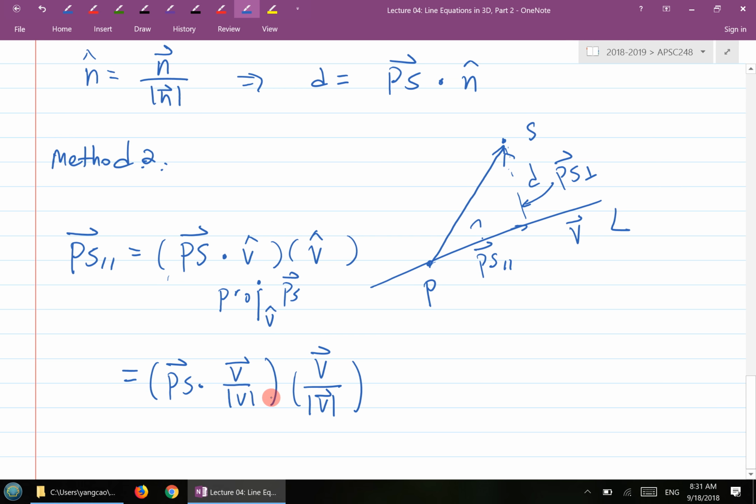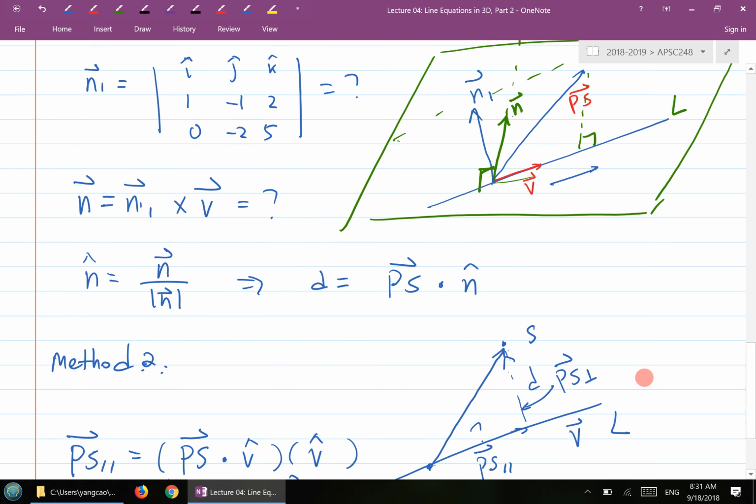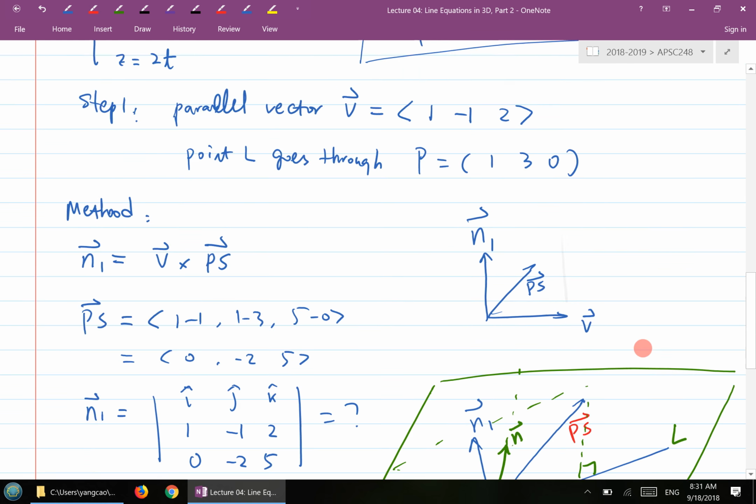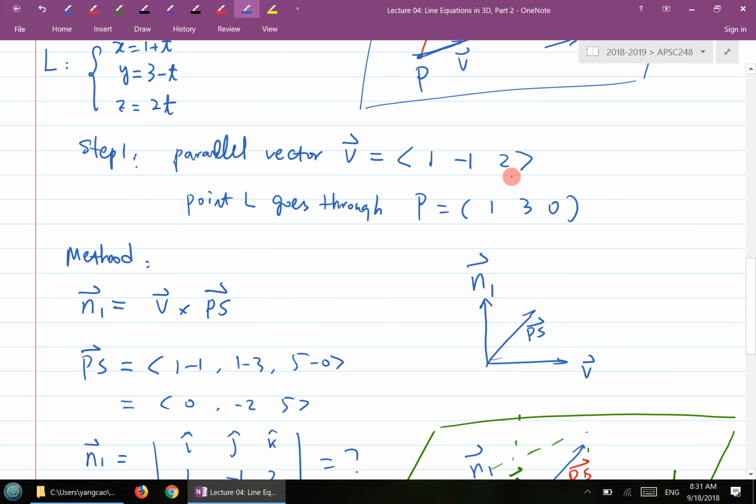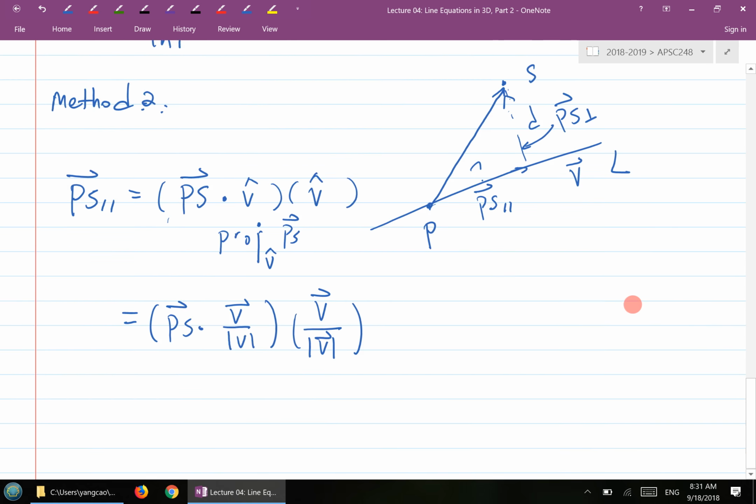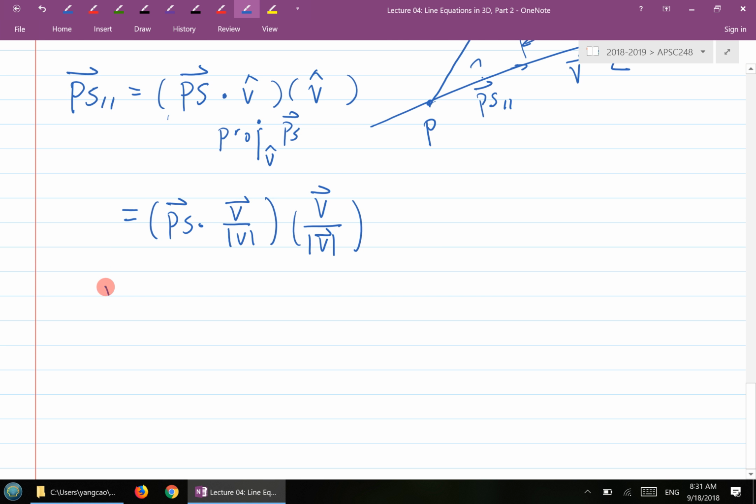Okay, so I can extract all the information out. You can calculate V over the magnitude of V. So V is 1, negative 1, 2. Let me write it down separately.